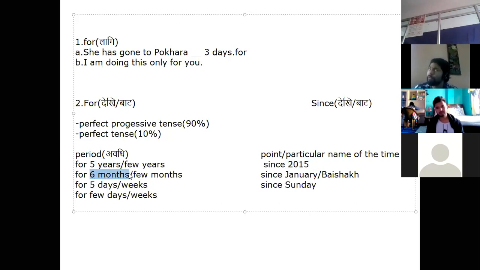For 6 months we don't know which months, but since January is a particular month. For a few weeks we don't know, but since Sunday is a particular time. Understood?